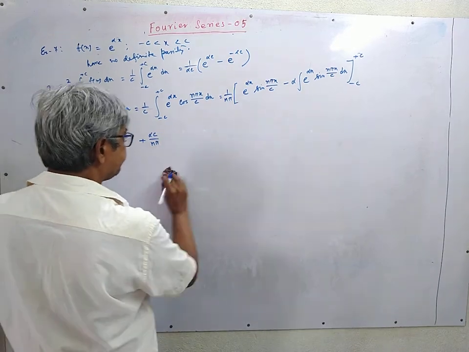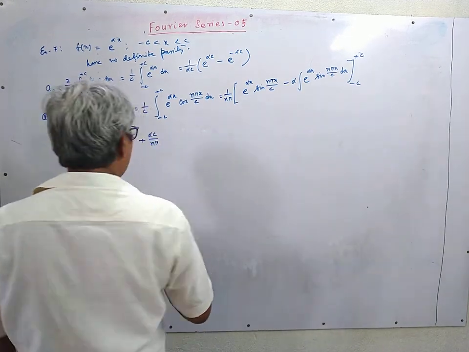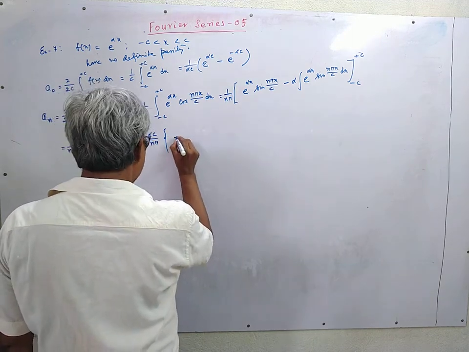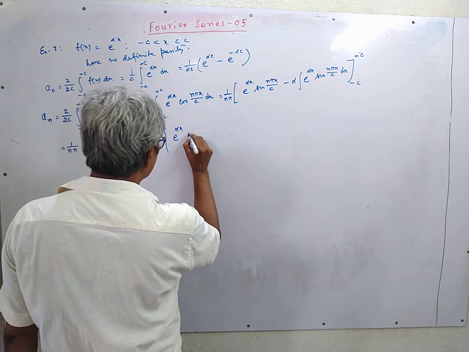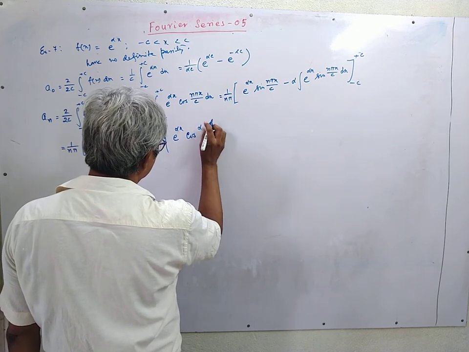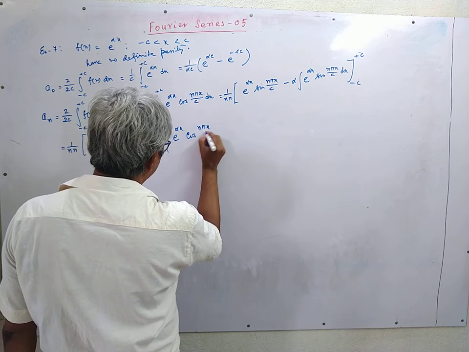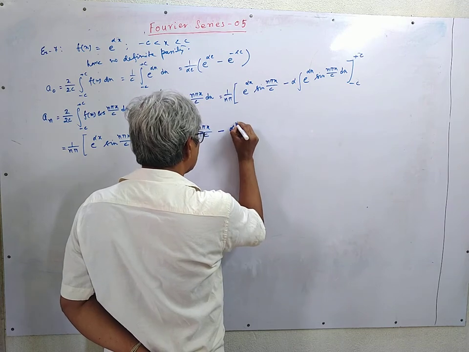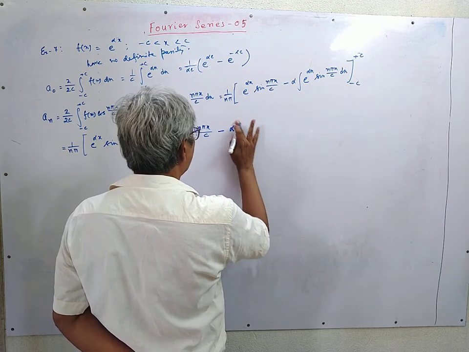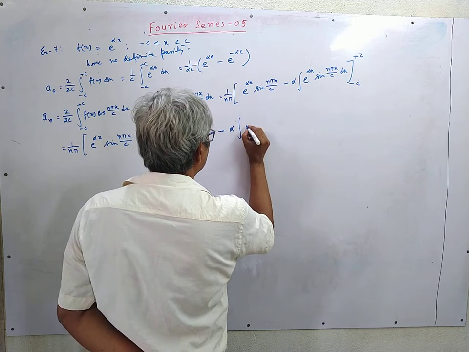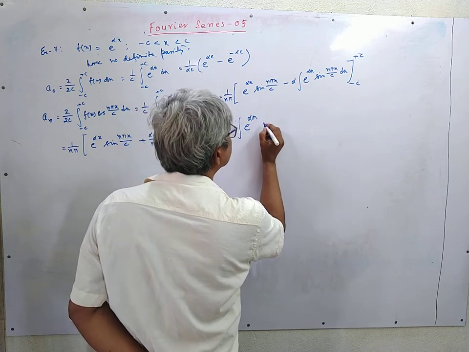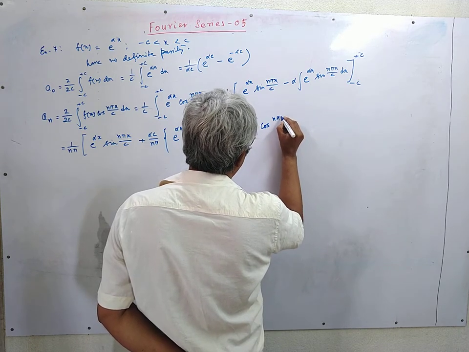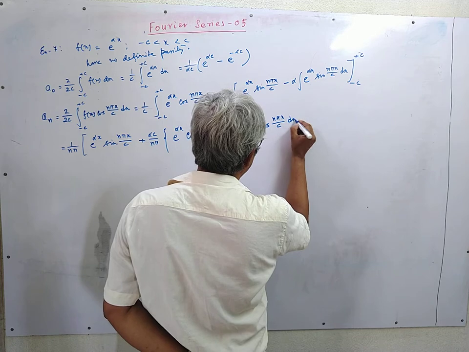This is this term, and we will have e to the power alpha x cos of n pi x by c minus alpha e to the power alpha x cos of n pi x by c dx.